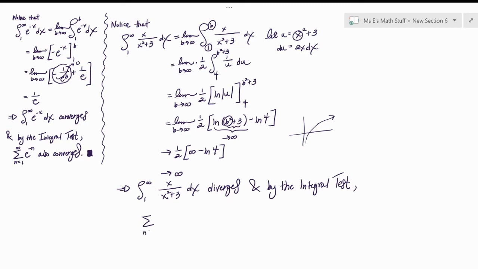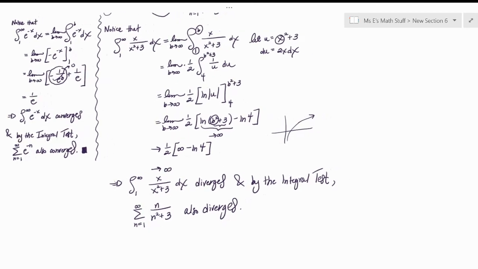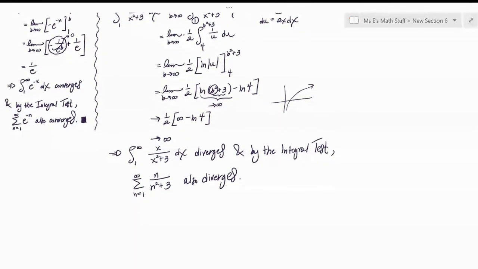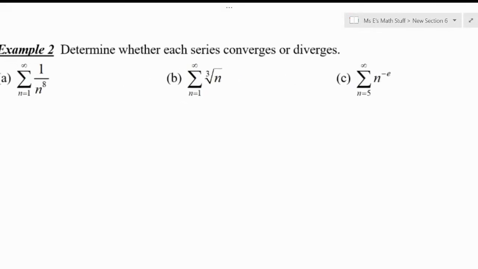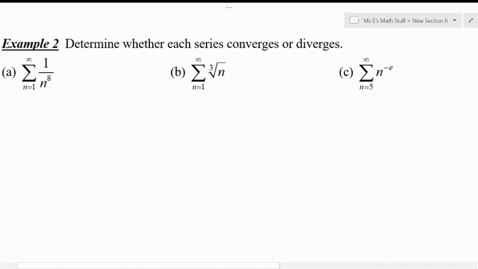We would know the related sum also diverges. There we go. All right, my friends, again, the little English sentence stuff around the math is going to be pretty important to practice. You don't want to get close to the AP exam and be practicing that for the first time.